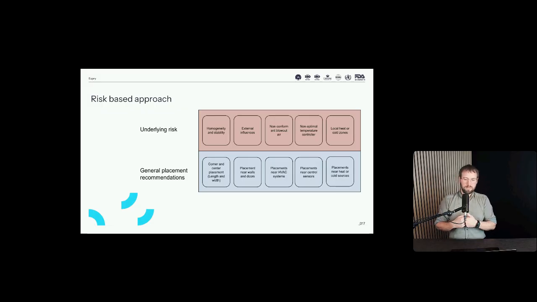Basically, we need to remember that when we place a data logger in a fridge, freezer, warehouse, whatever it might be, or temperature controlled container, what we're actually trying to achieve is to measure whether that has an impact on the product. So in the best case, we would measure the temperature of the product.